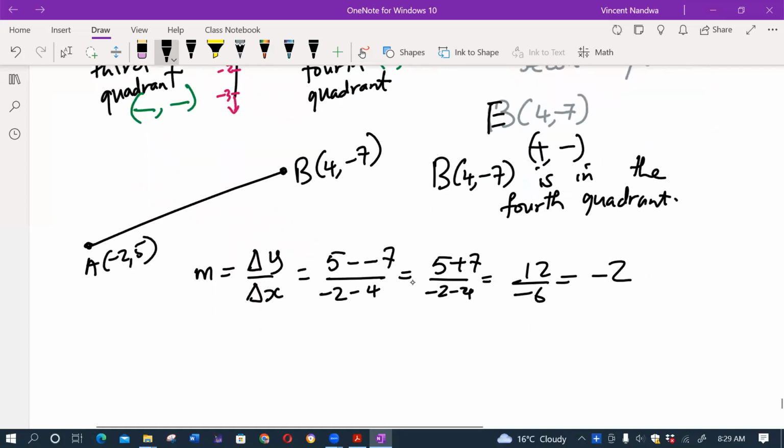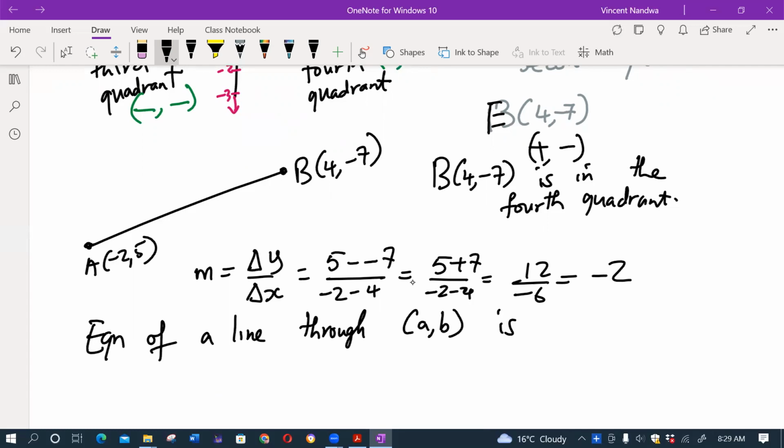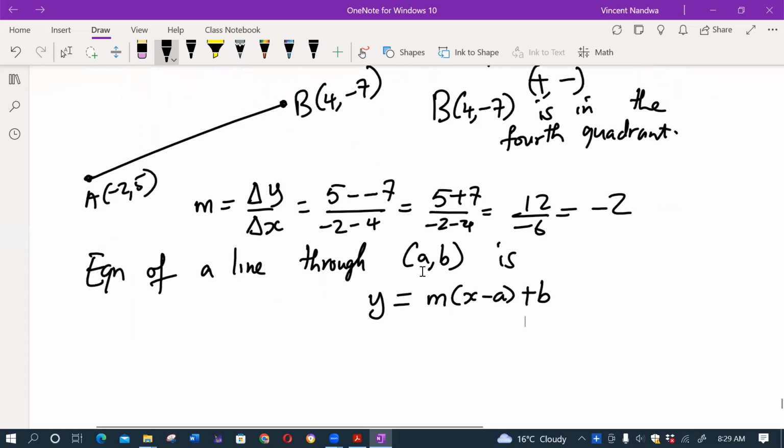And the equation of a line through any point (a, b) is y equals m into (x minus a) plus b. And remember, it is any point on the line, so you can either use what you have at A or B. So if I pick A, I'll have (-2, 5). Then m is -2.